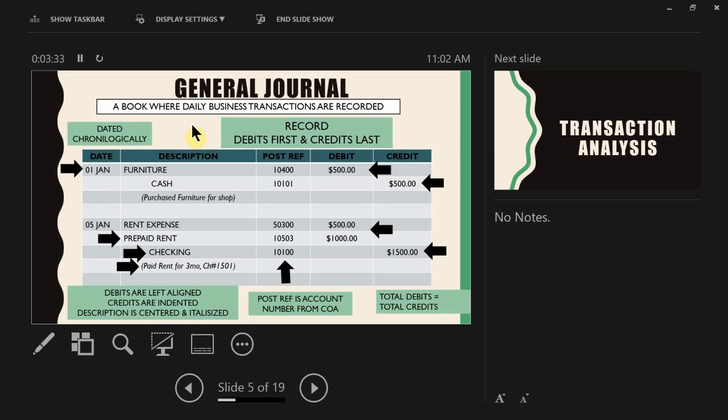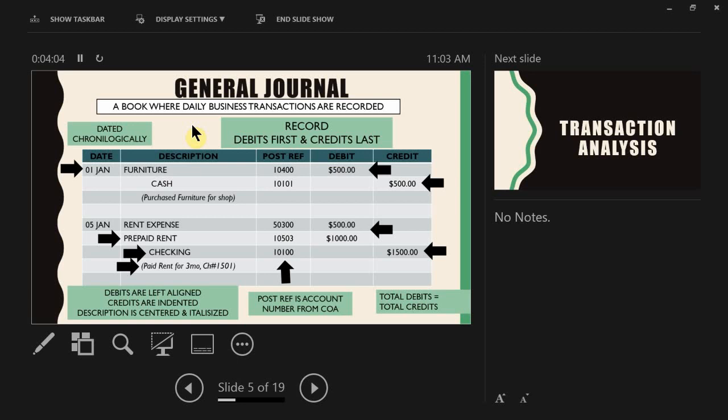Second thing is, it is going to be recorded in chronological order, as in dates matter when you're dealing with journalizing. That's the number one thing, because we want to make sure that you journalize every day. Second of all, it also allows you to keep your stuff organized.